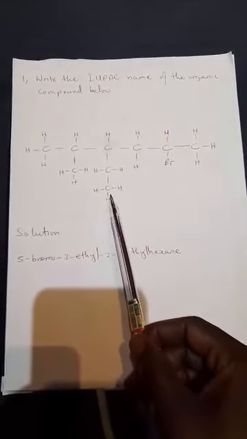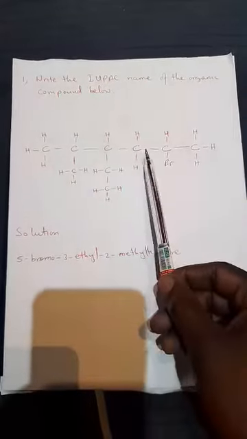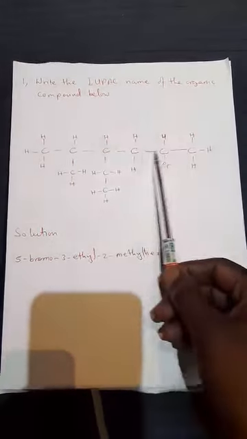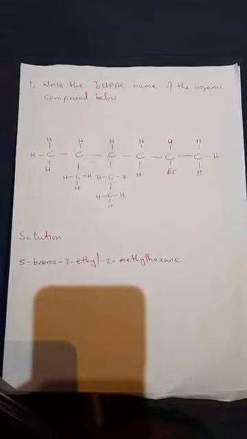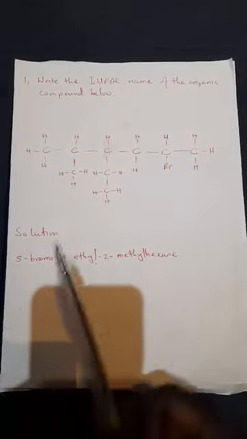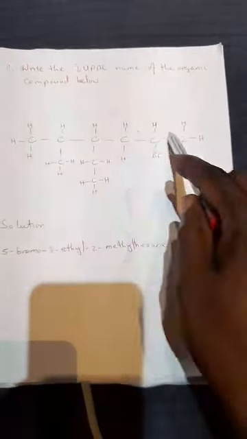Can it be 1, 2, 3, 4, 5, 6? Yes, we can see, but if we take this one, which is coming from down here, then to the right, we are leaving how many carbons? We are leaving 1, 2, 3 carbon atoms outside the main or parent chain. So we must take the straight one. So this means that our longest chain is going to be this one, which I am encircling.